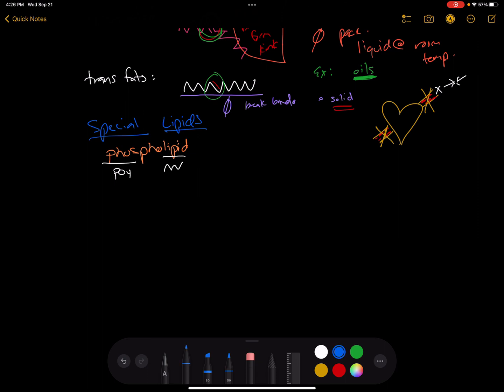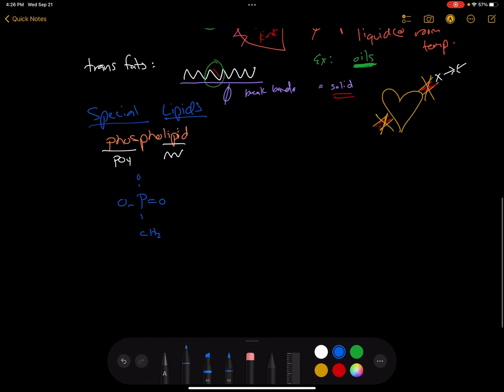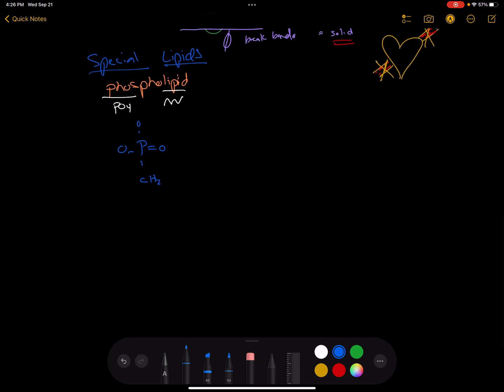And so what that looks like is I have my PO4. So here's my PO4. And then I'm going to attach it to kind of a glycerol backbone. So there's my CH, and then there's CH2. No, not really a glycerol. It's just attached to kind of a carbon chain right there.